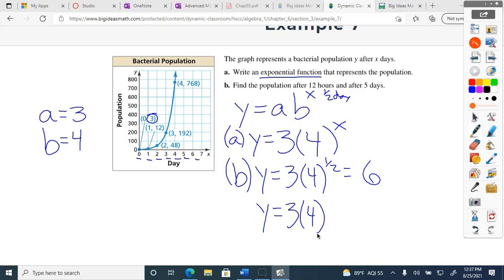What do I let x be? 5. What do you get? 3,072. So, half a day, we're only at 6, but by day 5, we got 3,072. That's very quick.